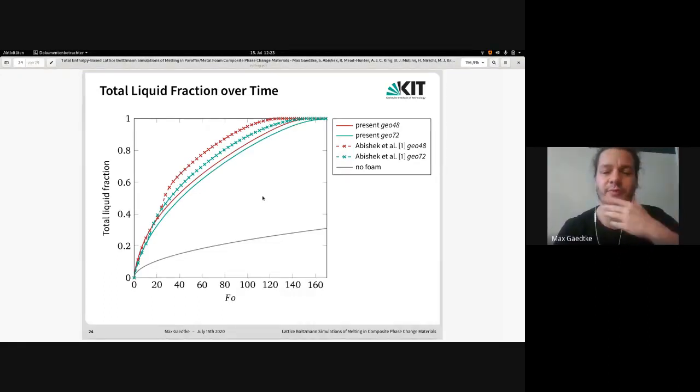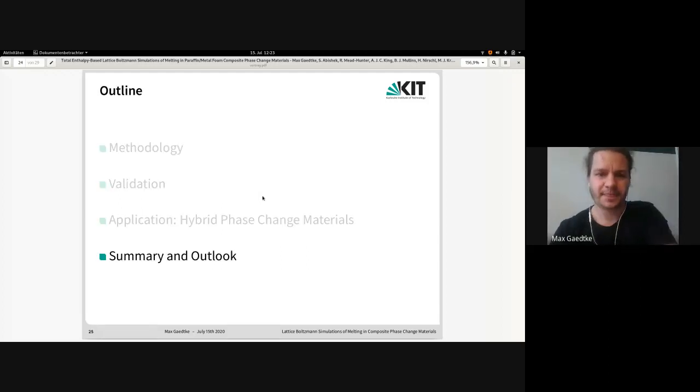And what we got is close agreement, but not too close agreement. You can see at the Fourier number of about 30 that there's an increase in the speed of melting that Abishek found and we didn't. And we think this is due to the lack of resolution in the solid structure.